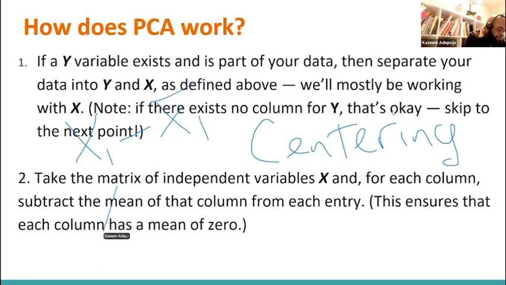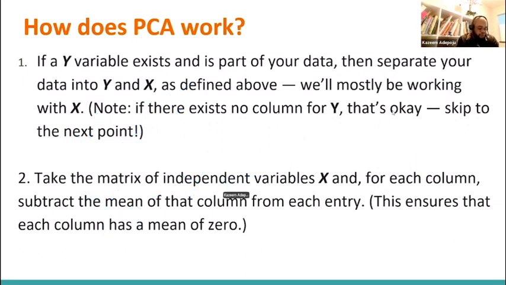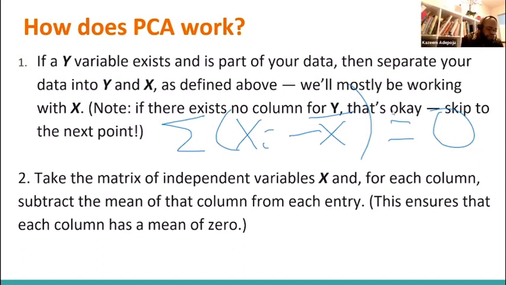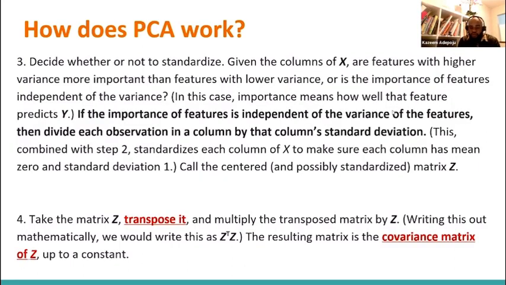You have a random variable x2, you remove the mean of that. That's exactly what I mean. And when you do that, it ensures that each column has a mean of 0. Each column is going to have a mean of 0, because you know why? The sum of the deviations, the sum of xi minus x bar, is equal to 0. The sum of the deviations is equal to 0. Okay? Now, that is step number 2.